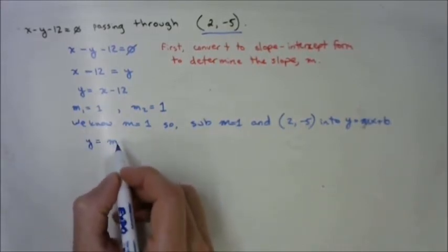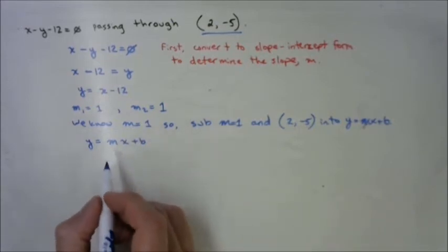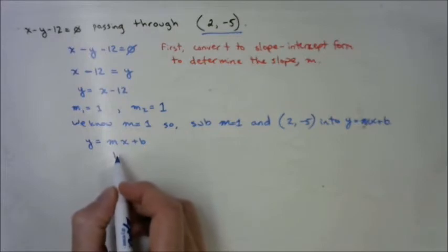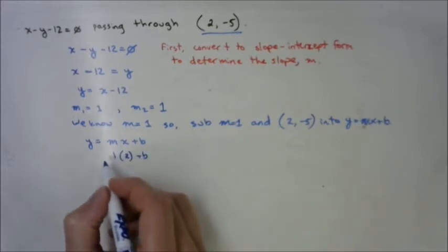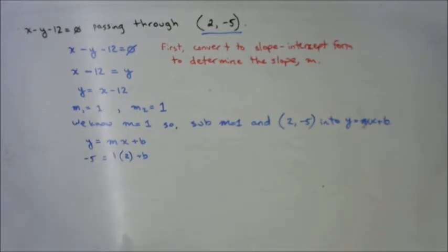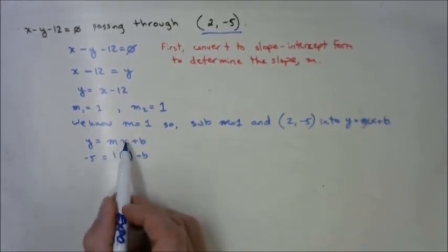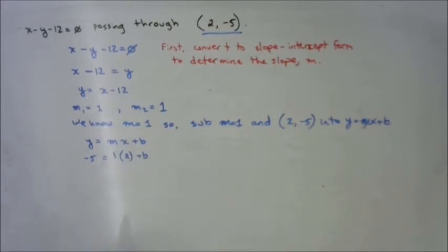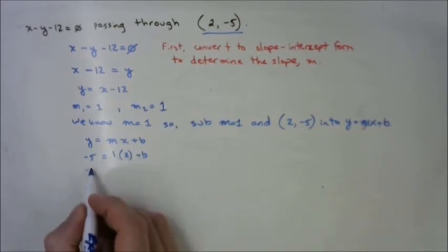For our second line, the line that's parallel to the first line, we know that the slope is 1, and we know that it passes through 2, negative 5. So I sub negative 5 in for y, and I sub 2 in for x. Just like last time, we know that those coordinates satisfy the equation. So now, because I know this is going to be true, I solve for b.